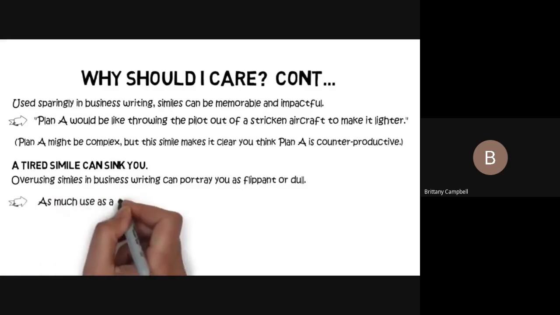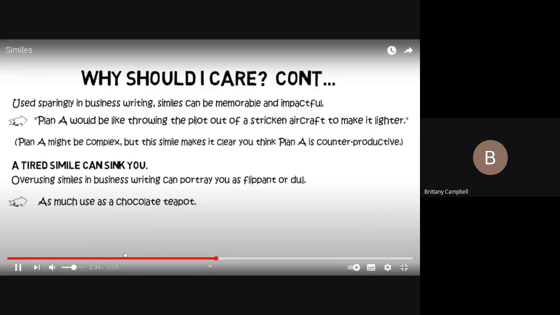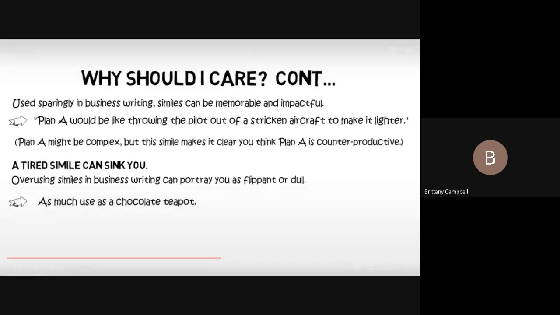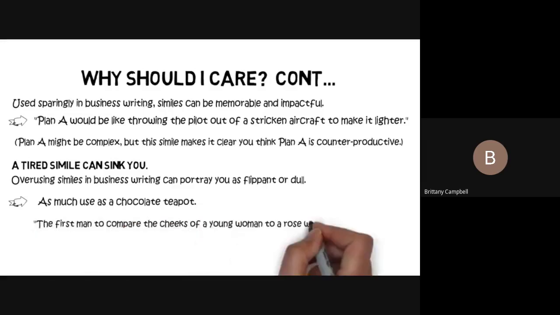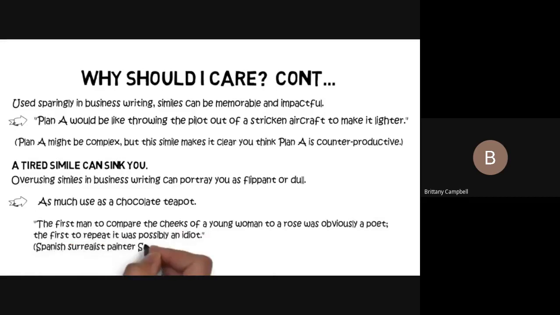So here's one. As much use as a chocolate teapot. Well, you might not have heard of that simile before, but take it from me, it's very common, and it's a bit boring. So this idea of how a simile can sink you was captured by the painter Salvador Dali, who said, the first man to compare the cheeks of a young woman to a rose was obviously a poet. The first to repeat it was possibly an idiot.